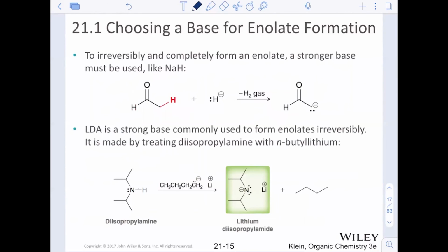To irreversibly and completely form the enolate, stronger bases must be used. One stronger base that we have seen before is sodium hydride, NaH. NaH is really, really good at deprotonating alpha carbons because H2 gas is formed. H2 gas not only bubbles out of solution, but remember its pKa is 35.